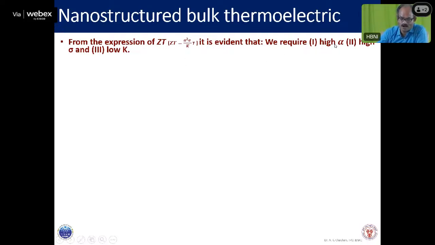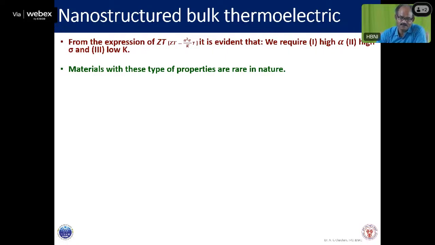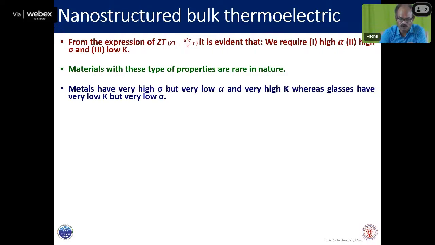We require higher alpha, higher sigma, and low K. Materials with these types of properties are rare in nature, because a material having high electrical conductivity generally has higher thermal conductivity also, because electrical conductivity and thermal conductivity are somewhat correlated.